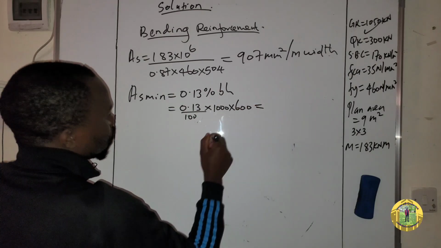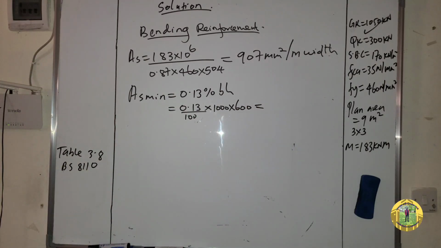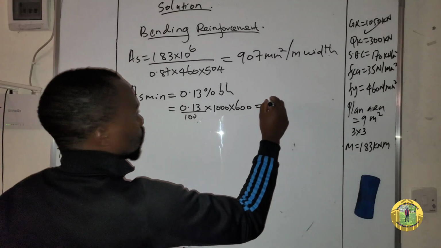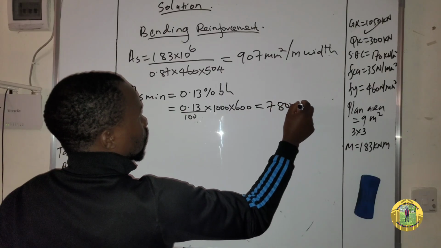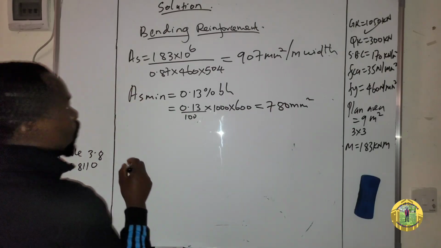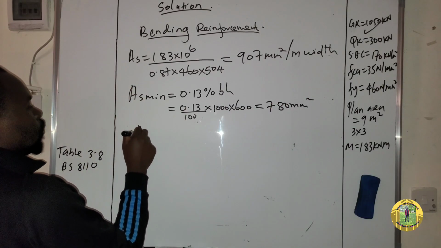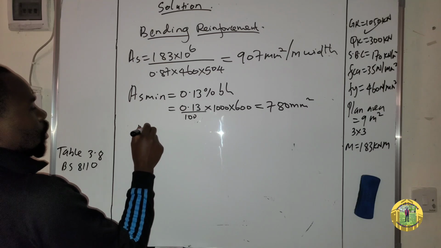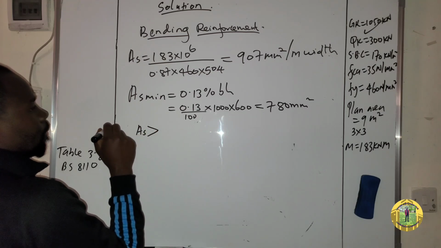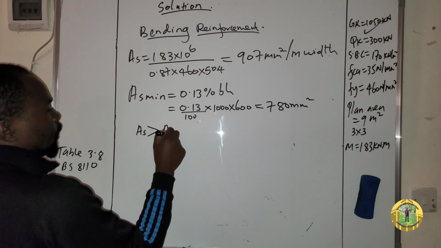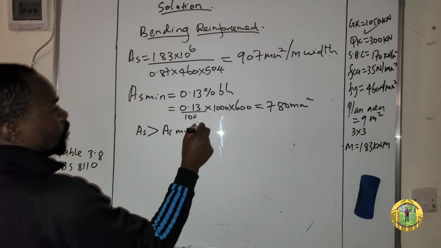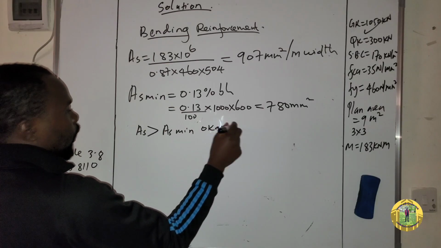So this one is equal to 780 millimeter square. So area of steel is greater than A steel minimum. Therefore, okay.